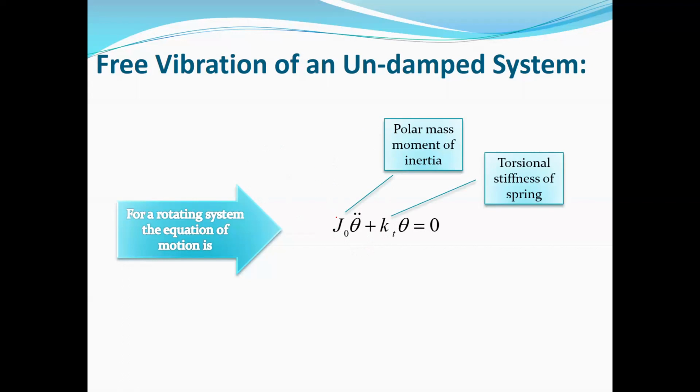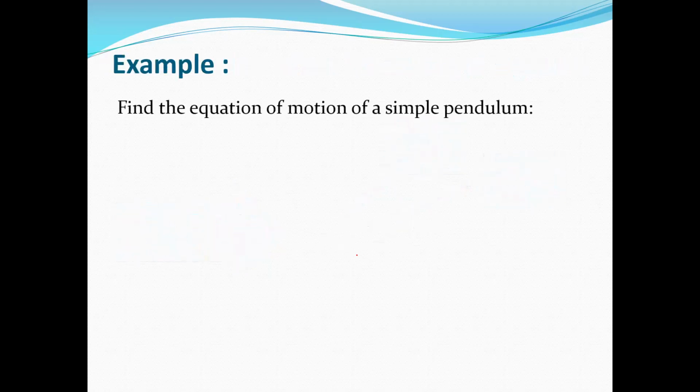I mean, here we will have, instead of mass, J naught, which is the polar mass moment of inertia, and instead of K, we will have KT, which is the torsional stiffness of a spring. So we will have a torsional spring, and we will have a mass moment of inertia about a point O.